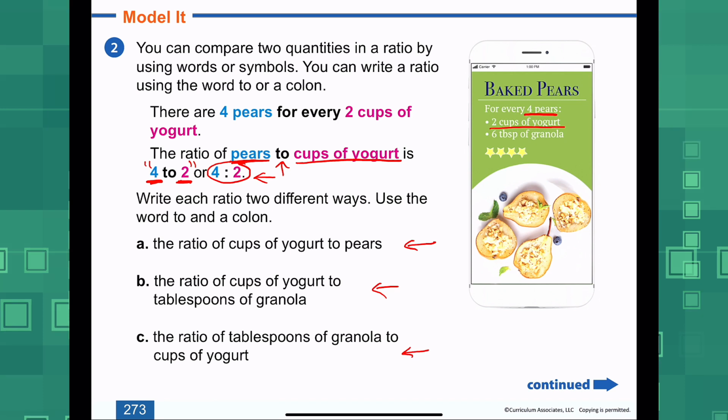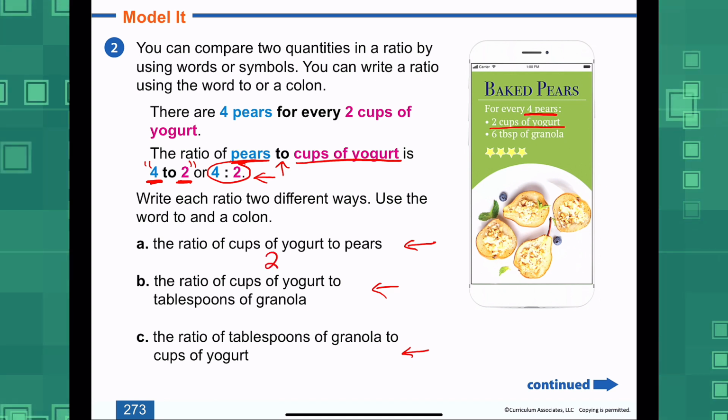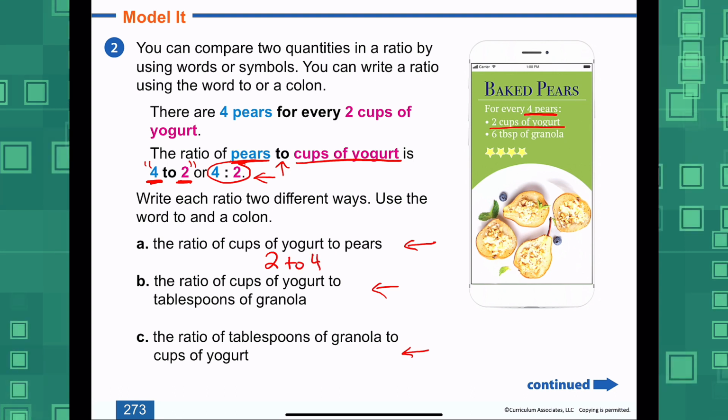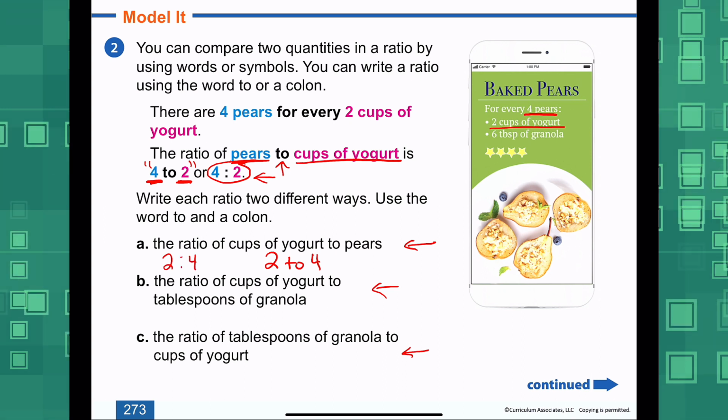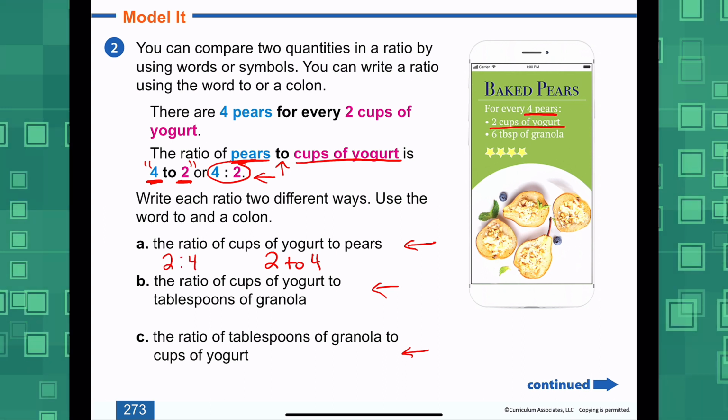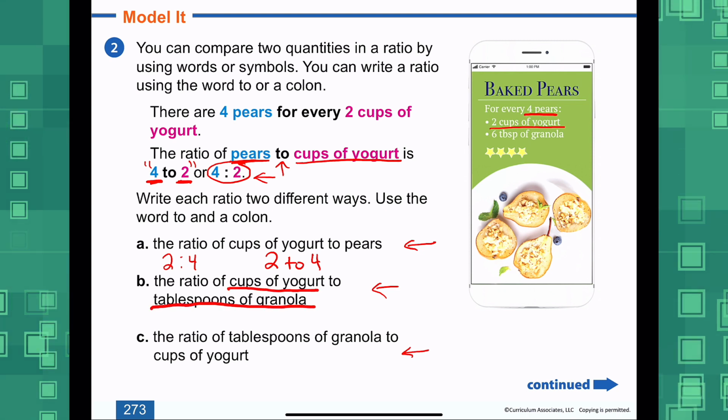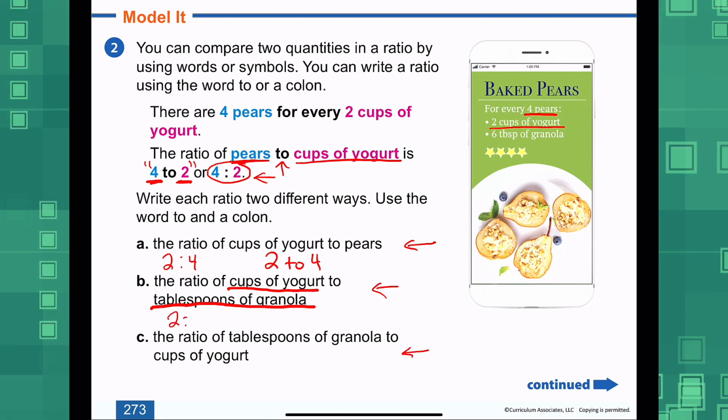All right, so for part A, the ratio of cups of yogurt, which was 2, to pears would be 2 to 4, or another way to write that would be 2:4. The ratio of cups of yogurt in part B here, the cups of yogurt to tablespoons of granola would be cups of yogurt, which is 2, to the granola is 6.